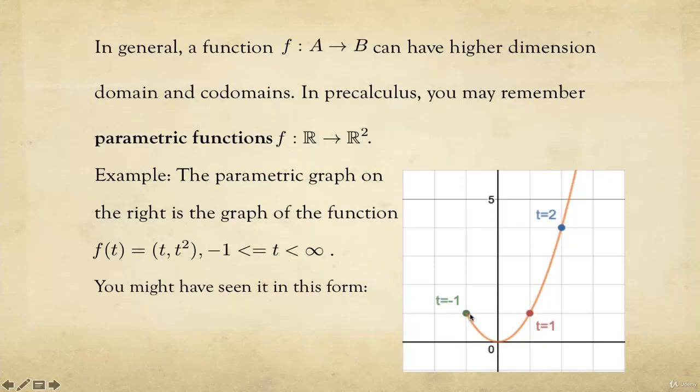When t is -1, you get the point -1, 1. When t is 0, you get the point 0, 0. As t increases, we have this graph that increases like this. You might see it in this form, where x of t is t, and y of t is t squared. So again, this is a parametric function.